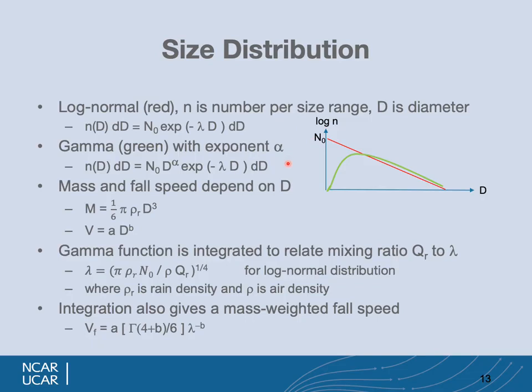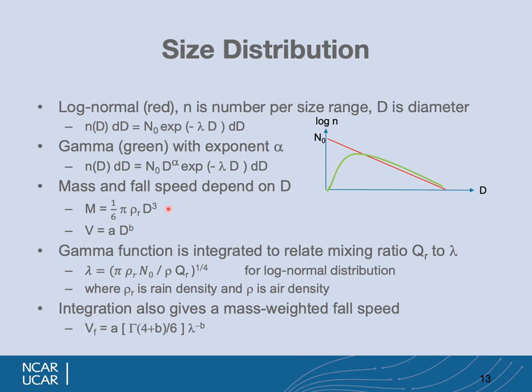The modification of that is a gamma distribution with a specified alpha exponent. So then you have D to the alpha multiplying the size distribution. And this allows it to go to 0 at the small end, whereas the log normal distribution had the maximum number of particles at the small end. So this is a little more realistic for some size distributions, and is commonly used also in the microphysics schemes.